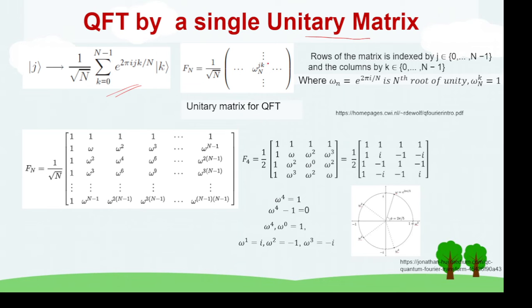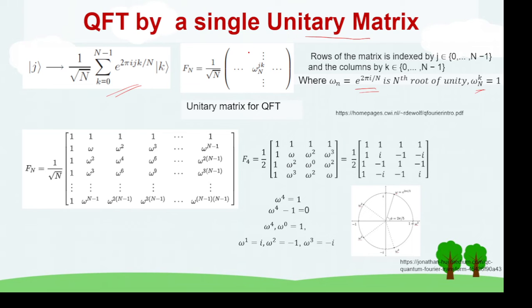First of all, what is omega n? It's nothing but e to the power of 2 pi i divided by capital N. It's also called the root of unity, so omega to the power of n equals 1.